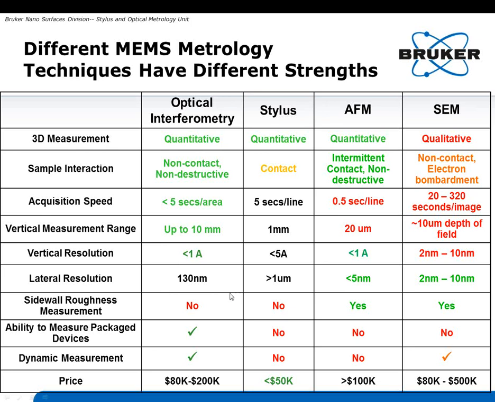And so most of these techniques are acceptable. There are some devices where stylus techniques may not be ideal, but any of these techniques generally provide the lateral resolution. If you need to look at sidewalls or undercut, you're going to need an AFM or an SEM to do that. And if you want to look at packaged devices, so if you want to look at something for which there is no physical access, your only choice essentially are the optical techniques. And last, the only technique that really is capable of doing dynamic measurements is a 3D microscope. And we'll get into how that's accomplished later.